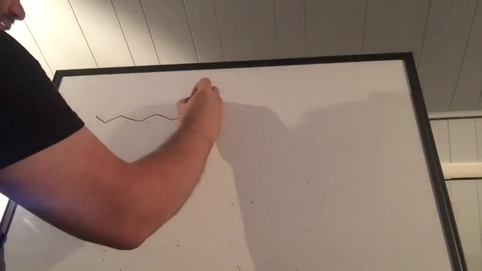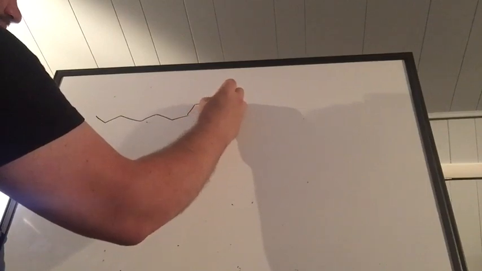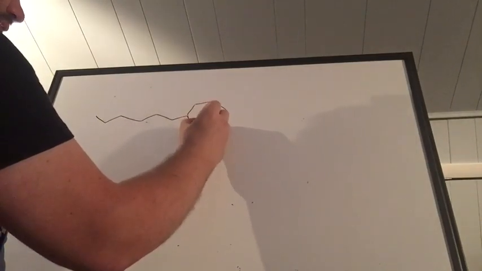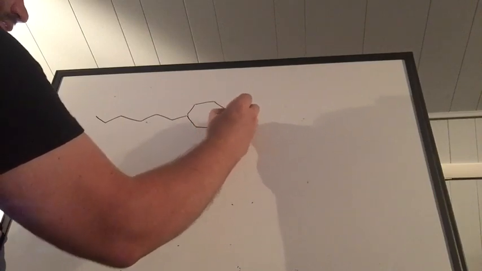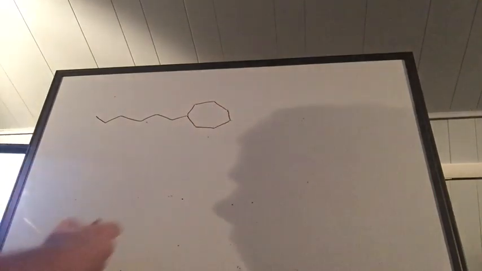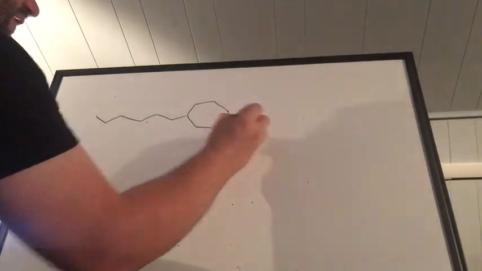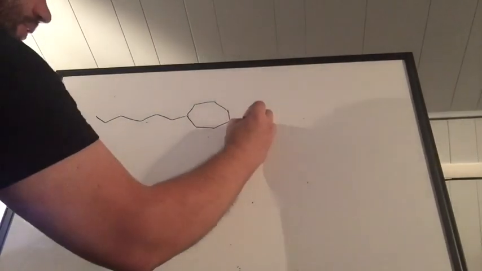Okay, so to go over some examples here with you. The first one is going to have a 1-4 relationship.